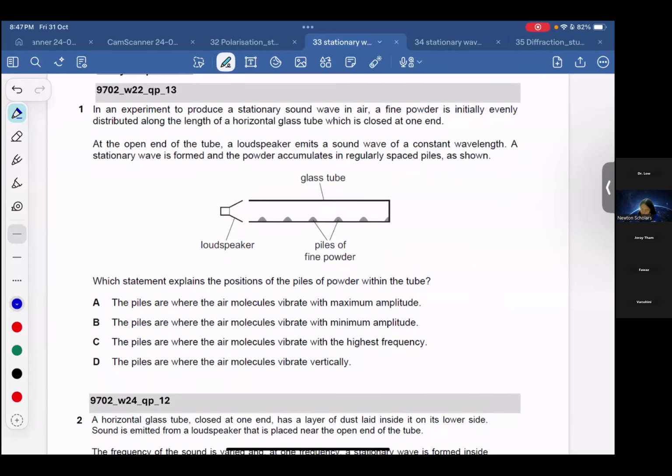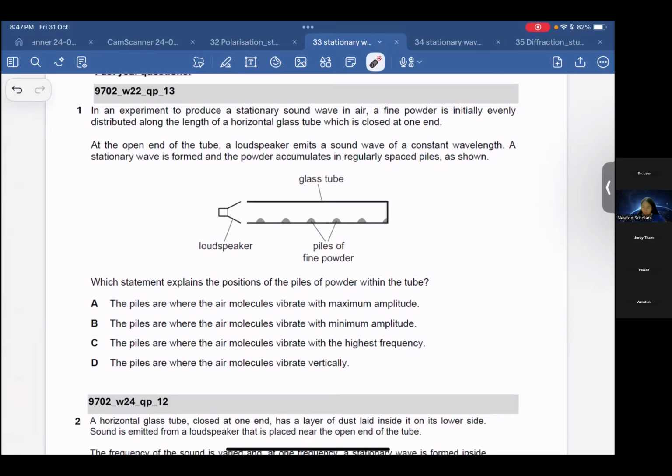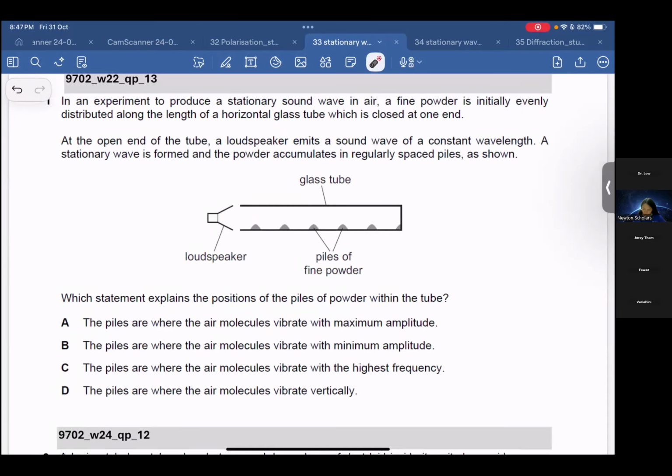Okay, can you try? What condition do we have for the powder? Is it maximum amplitude?